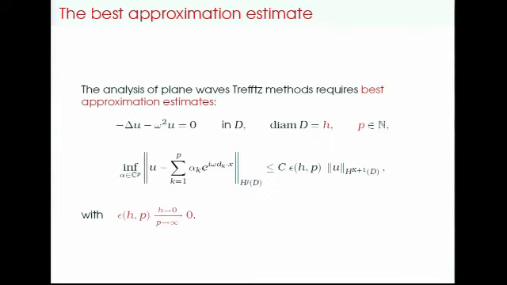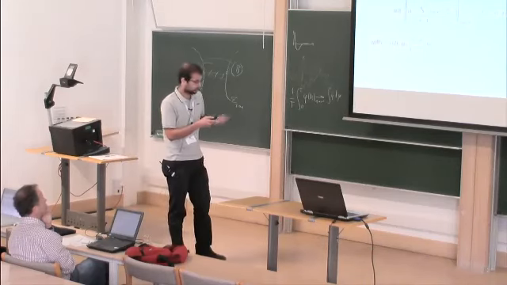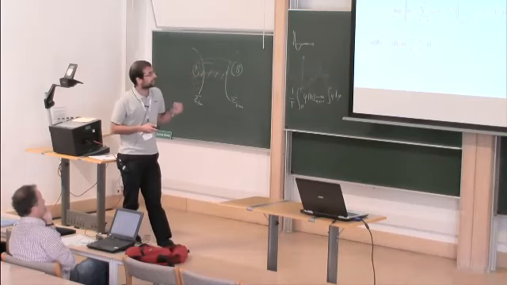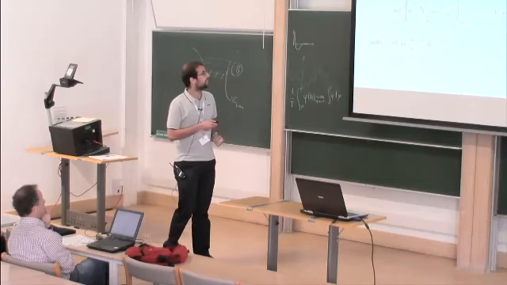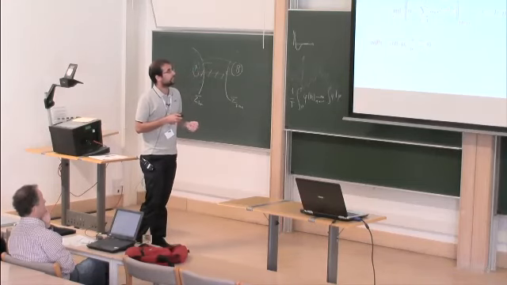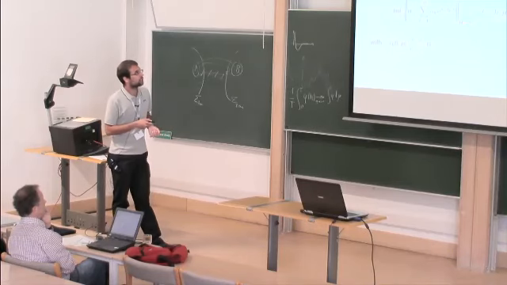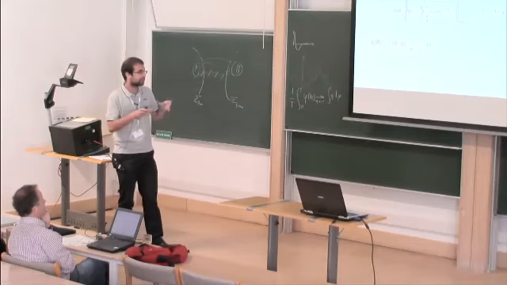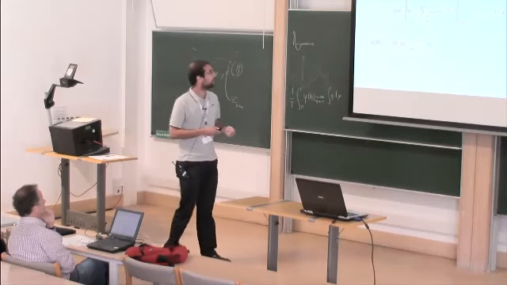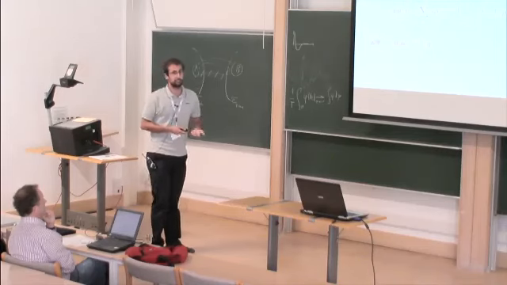This is the kind of estimate we want to prove. If we have a solution u of our PDE, a solution of Helmholtz, inside D, that is one element of our mesh with diameter h, we want to say there exists a linear combination of p plane waves with fixed directions that approximates our solution u in some norm j with an error that goes to 0 when we restrict the domain, that is h convergence, when the domain is getting smaller, or when we increase the number of plane waves, that is p convergence.